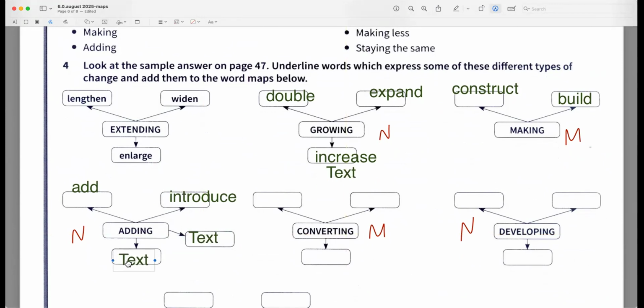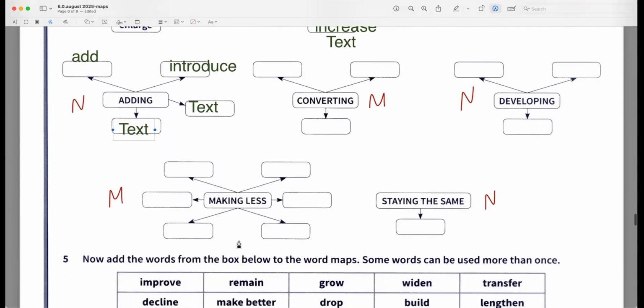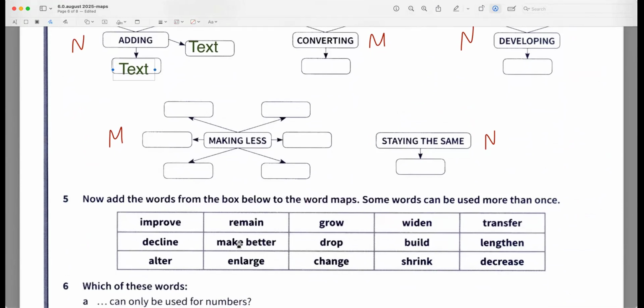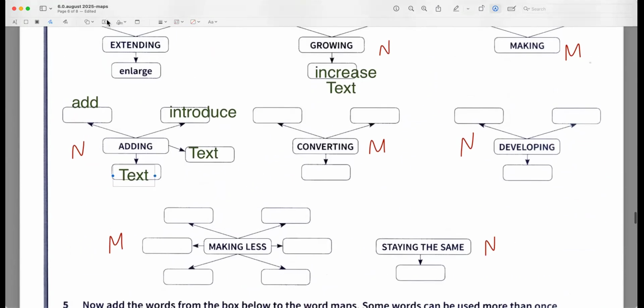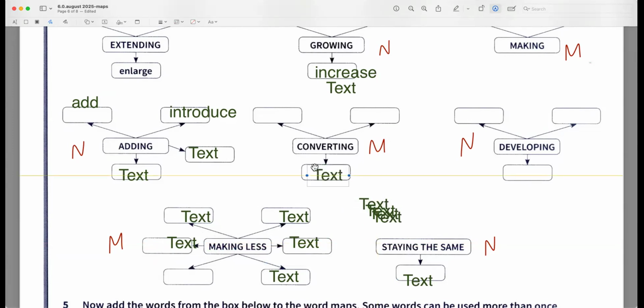Next one. Okay, now let's find out two more verbs from exercise number 5. Yeah, to fill in.